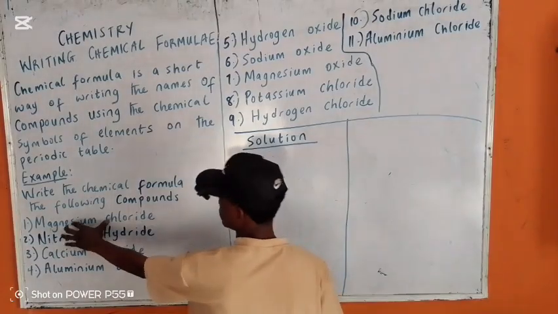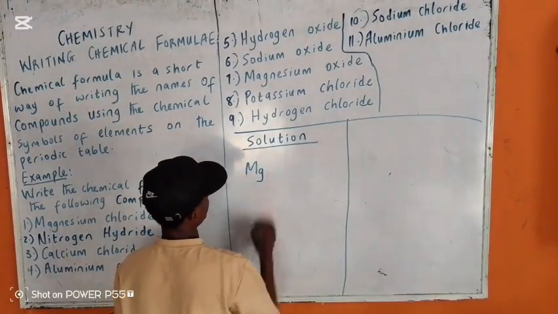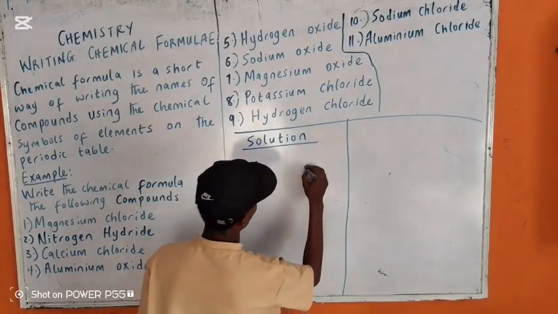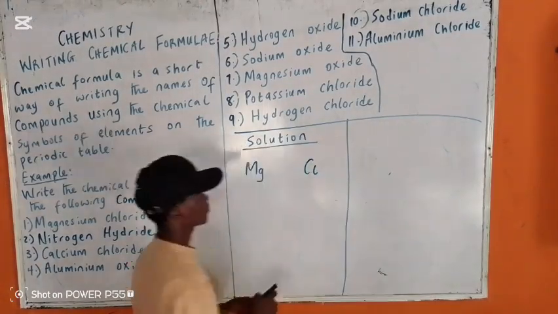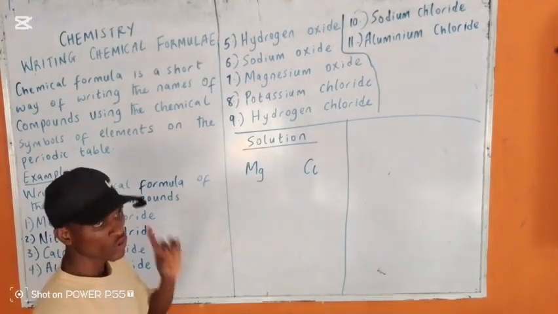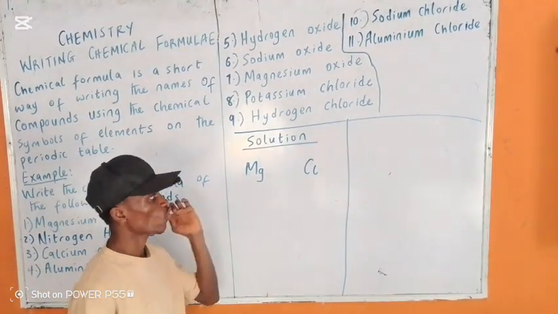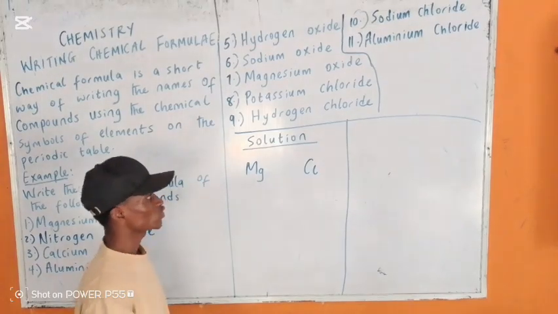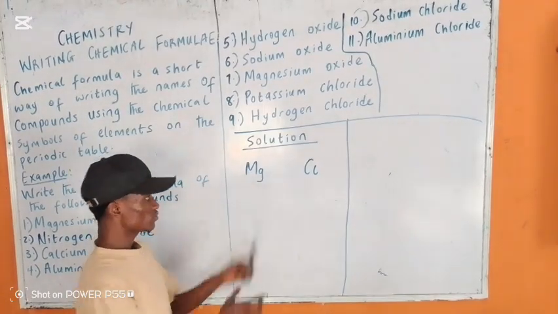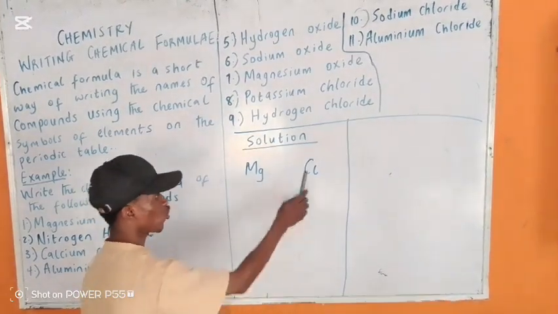We have 2 elements present here, which are magnesium and chlorine. That is the first thing to do: identify the elements present in the compound. Now, the next thing is to look for the valency of magnesium and the valency of chlorine.